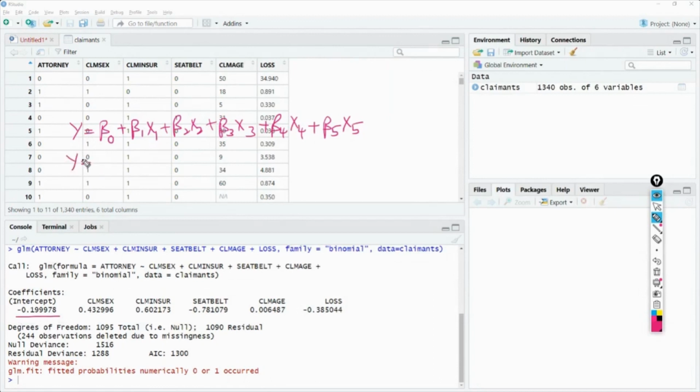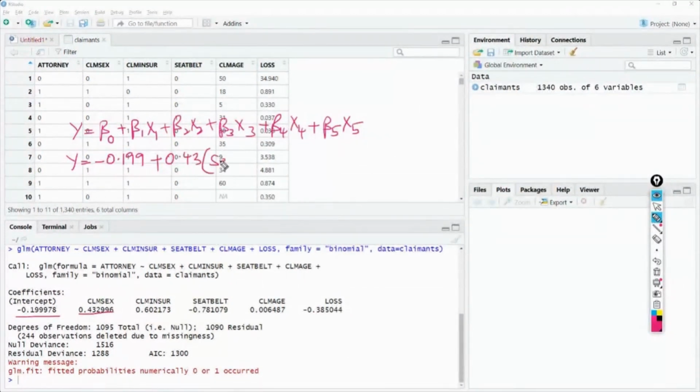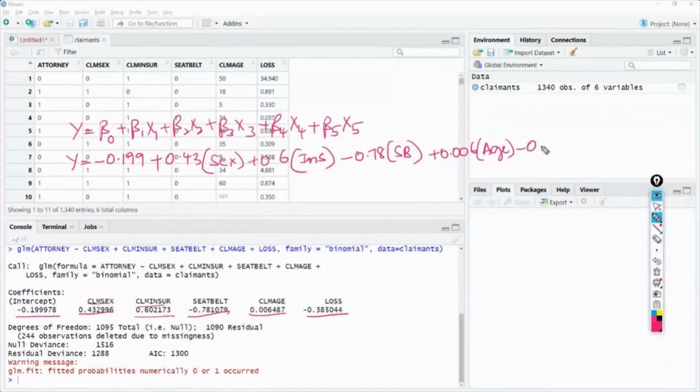So output is equal to beta naught, the intercept value, minus 0.199, plus beta 1 value 0.43 into claimant sex, plus 0.6 into claimant insurance, minus 0.78 into seat belt, plus 0.006 into claimant age, minus 0.38 into the loss incurred. That's it. Simple. Done.